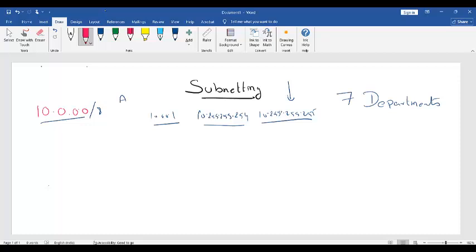First reason, we do subnetting so that we will have a dedicated range of address for each department.